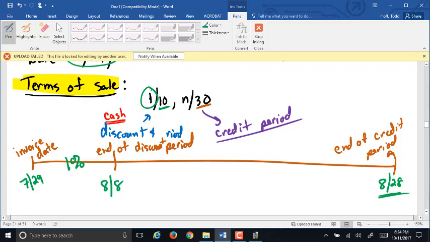In your textbook, I've got to verify that in the current edition of the textbook, it's still the same page. Used to be 396. Let's make sure it still is 396. And it still is. On page 396 of your textbook, you have a calendar that is listed out.